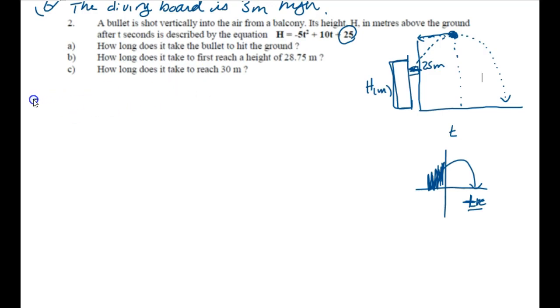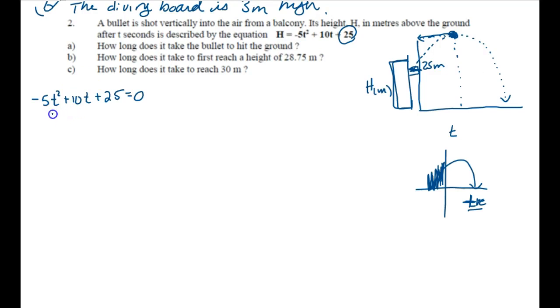Well, when the bullet hits the ground, the height should be 0. So we have 5, 10, and 25. You could jump into the quadratic formula. You could try sum and product, see if that will work.